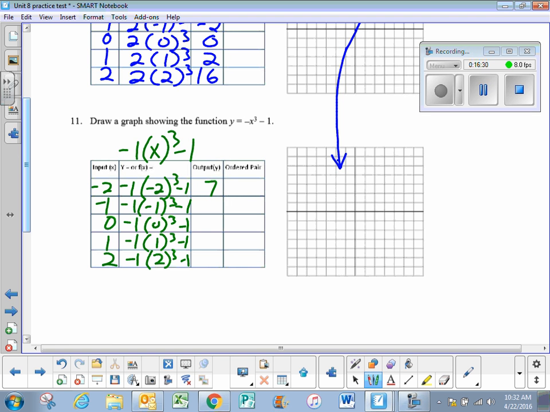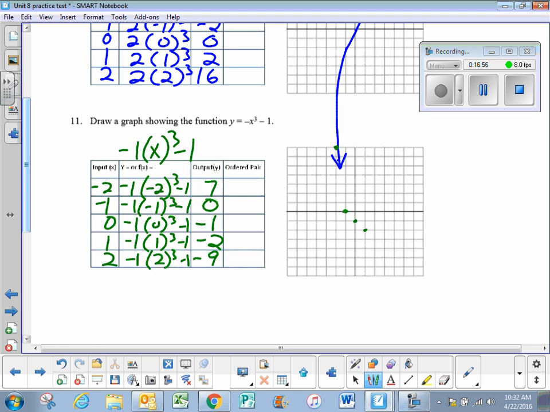So -8, +8, -1, 7. Some of you might have made a mistake here, so double check. -1, +1, 0. 0, 0, -1. 1, -1, -2. 8, -8, -9. So (-2, 7), (-1, 0), (0, -1).